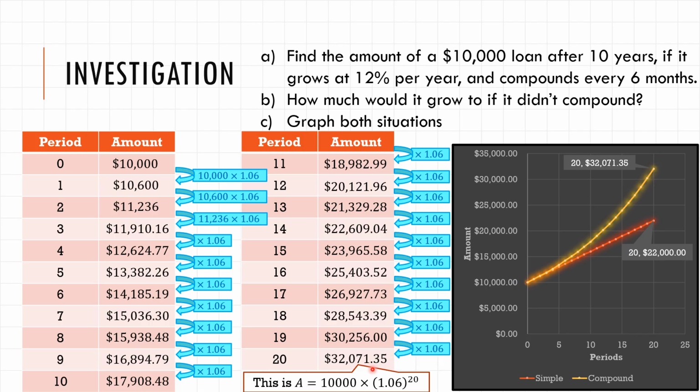If we look at the number of periods, which is in the exponent, 20 periods, that is the exponent, we recognize that compound interest grows exponentially because the independent variable is in the exponent. And that means it grows slowly at first, but it grows faster and faster and faster over time.